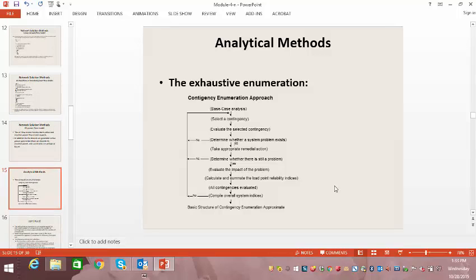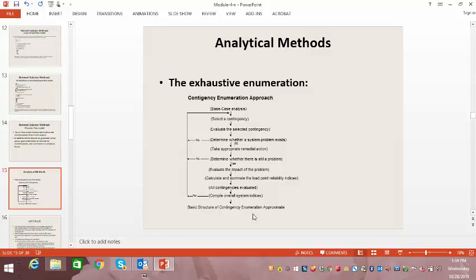Now, what are the different methods for analysis? One method, of course, is the straightforward enumeration. You can enumerate all possible states and perform flow calculation to see that whether that state satisfies the load or not, or if there is any problem with that state, and then knowing the probabilities of all the states, you can find the reliability indices.